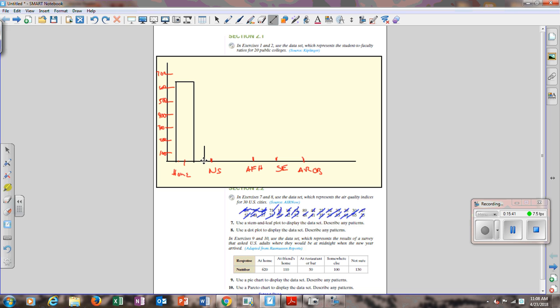We go up above 100, almost halfway between 100 and 200. Then at a friend's house, it's 110. We have somewhere else. And last is at a restaurant or a bar.